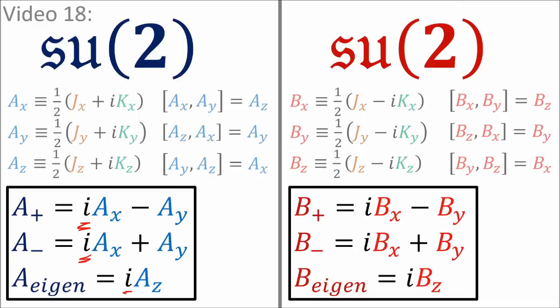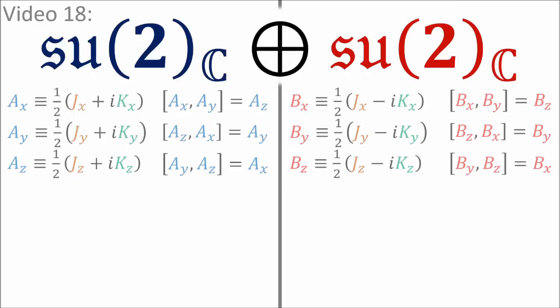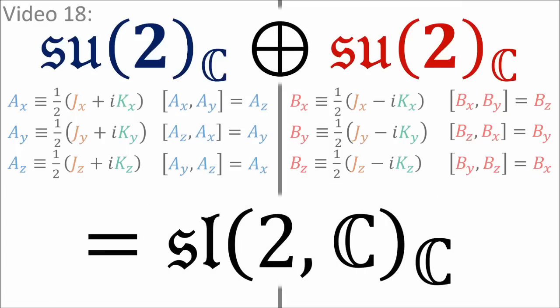Since these definitions involve complex numbers, these operators belong to complexified SU2 Lie algebras. This change of basis from the J's and K's to the A's and B's means the complexified SL2C Lie algebra is equivalent to the direct sum of 2 complexified SU2 Lie algebras.